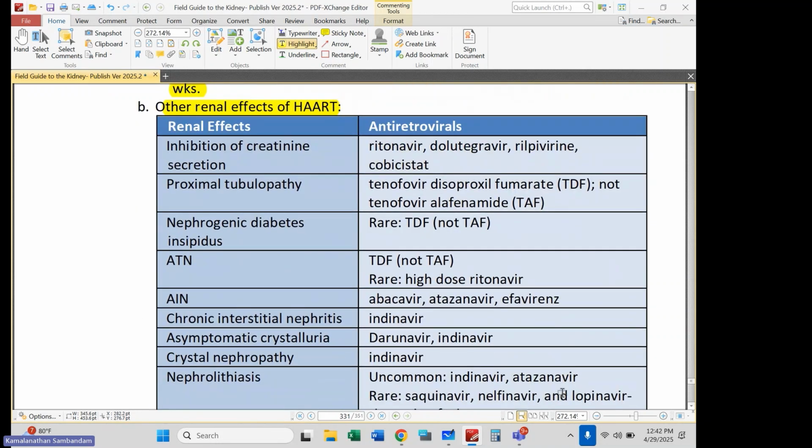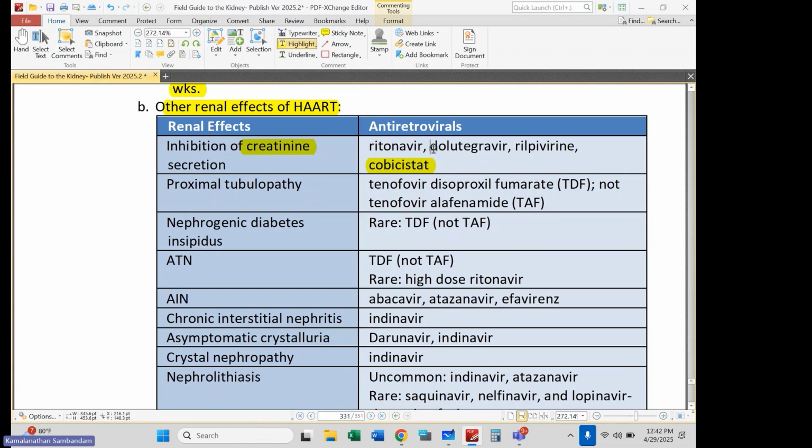Okay. All right, so let's talk about the other category of HAART effects that are relevant to the nephrologist. We've talked about cobicistat and its effect on creatinine secretion. That is pretty profound and predictable. So this classically manifests as an increase in serum creatinine with stable blood urea nitrogen, similar to the effect of trimethoprim.